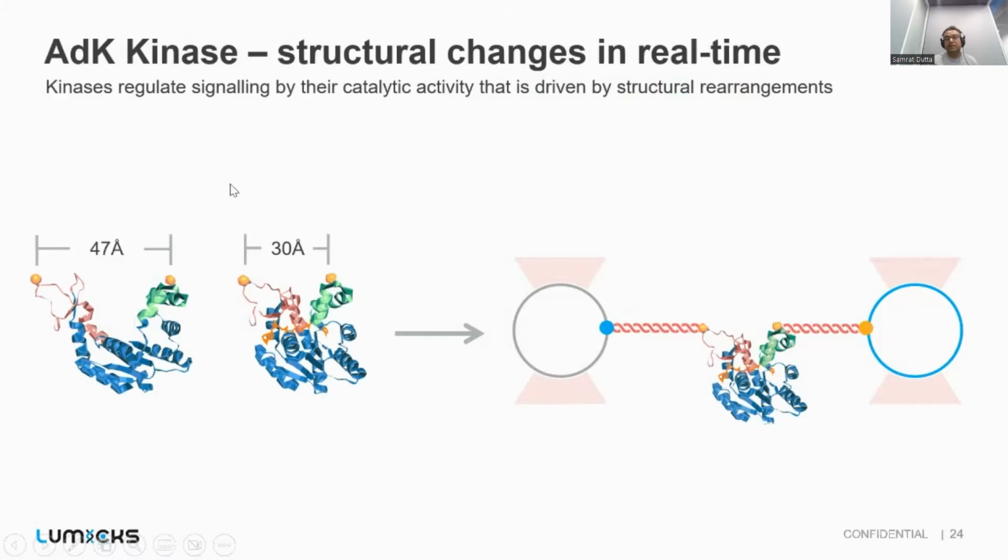It undergoes a conformational change of 17 angstrom, which is related to its function, which was not determined using the X-ray crystal structure data that was available before. What the X-ray crystal structure data showed was only the closed state. So they postulated from this experiment that this ADK kinase enzyme undergoes unfolding from this closed state to an open state, which facilitates the binding of this particular enzyme to a particular substrate.